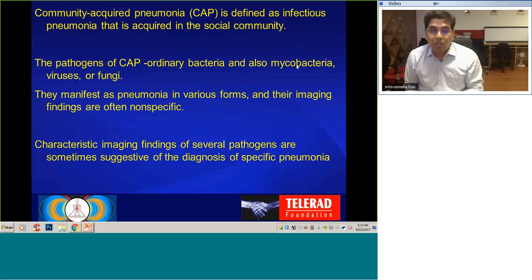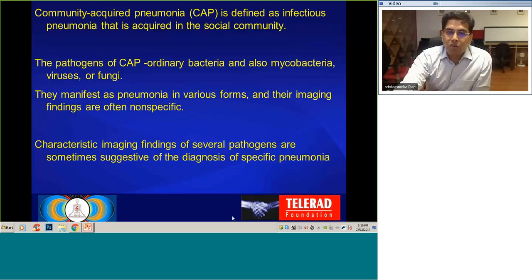So pneumonia manifests in various forms, and the imaging findings are often non-specific. By looking at a radiograph or a CT, it's hard to guess the causative organism more often than not. Anytime you see characteristic imaging findings consistently, and a specific pathogen is isolated, then we can say the disease process could be because of that specific pneumonia.